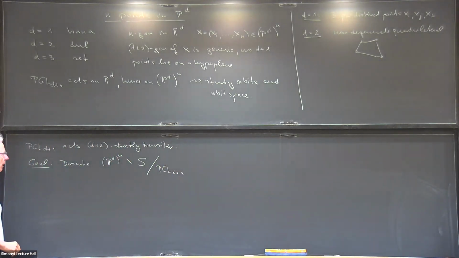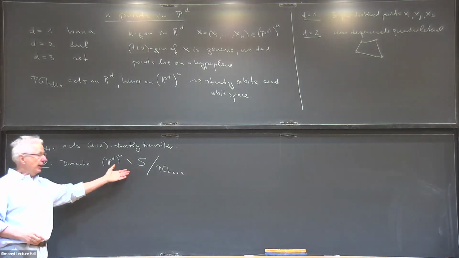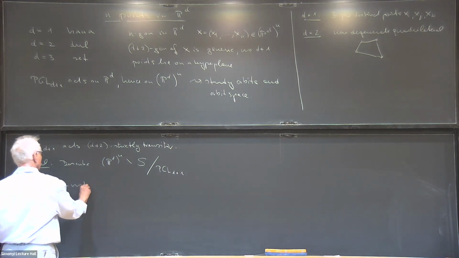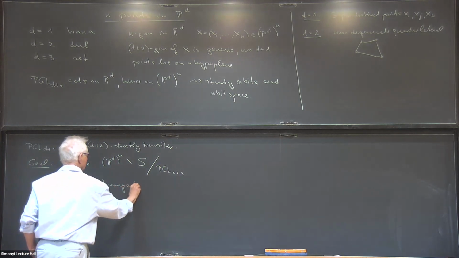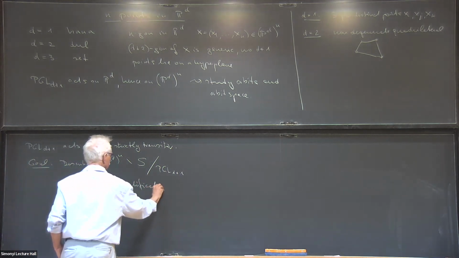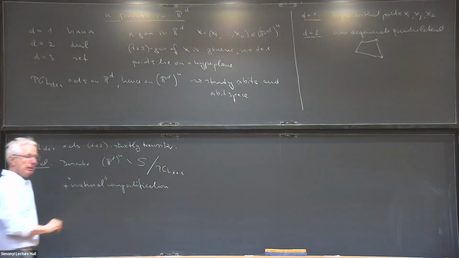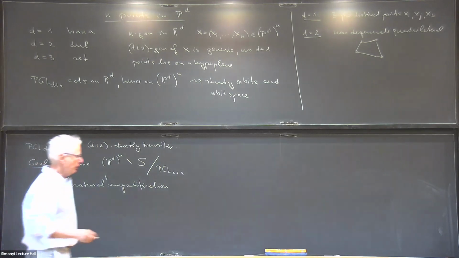So this is the first instance, that's relatively easy, and then you want to find the natural compactification. And natural is a little bit a matter of taste, but there are various proposals and many of them coincide.